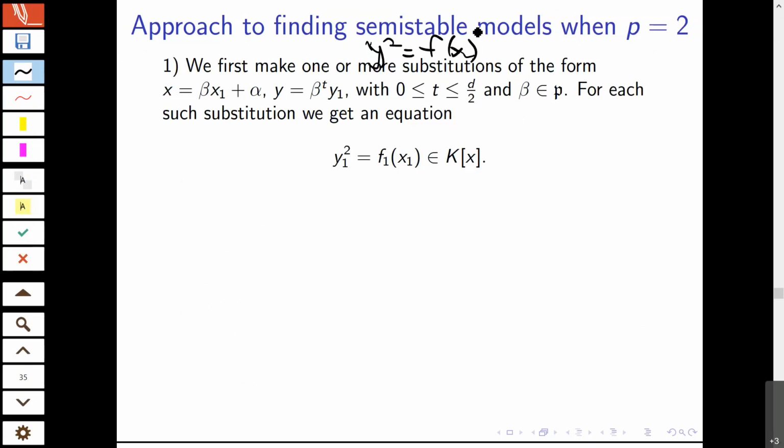You choose some power over here, and you get a new variable y sub 1, whose square is a polynomial of x sub 1. This is a new polynomial. It might not have coefficients all in R now, and in fact, it shouldn't if we want this to work.